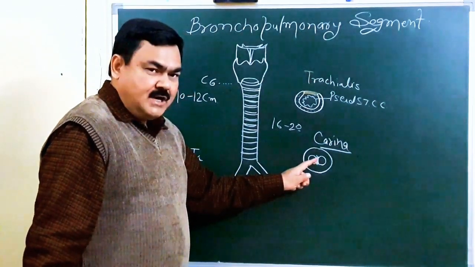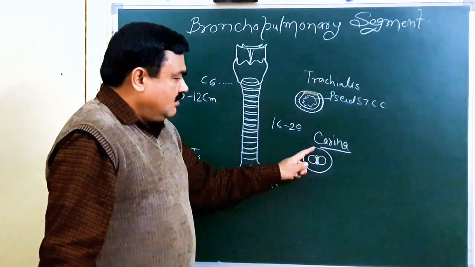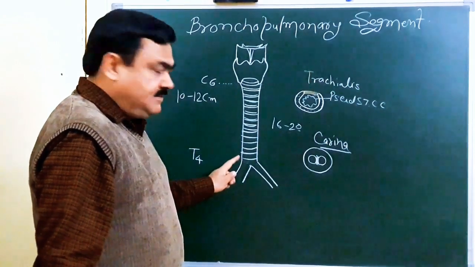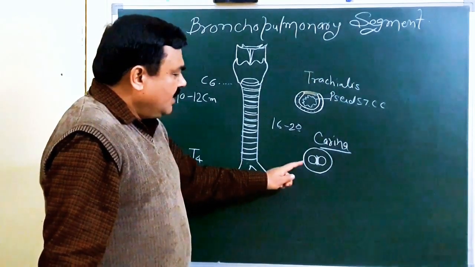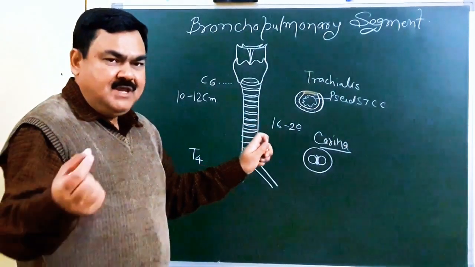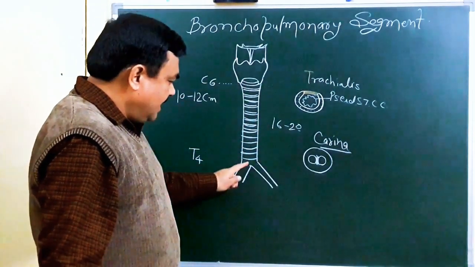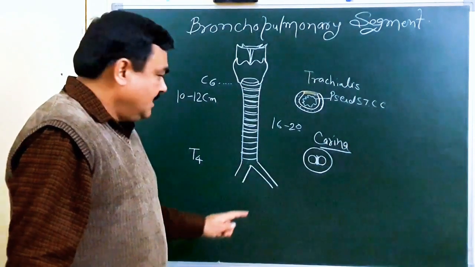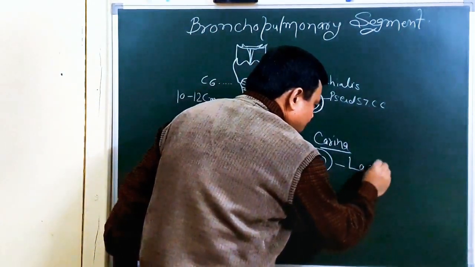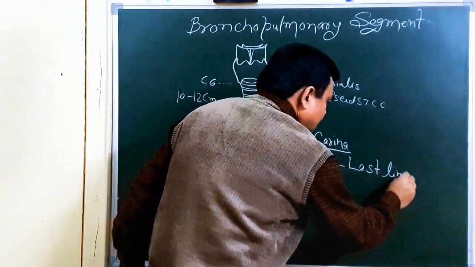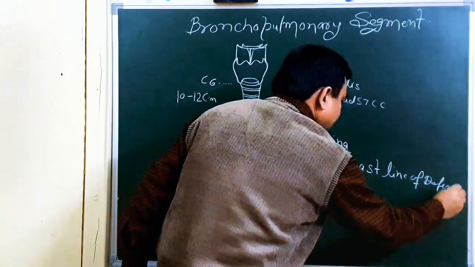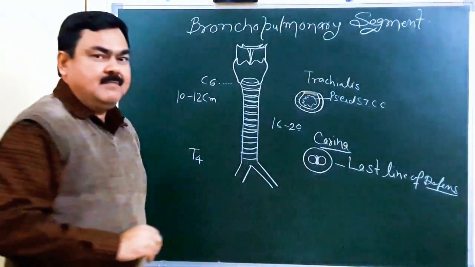This is important for the endoscopic view of the lung, and also in case of a foreign body, if it reaches here, the carina acts as a last line of defense for the foreign particle.